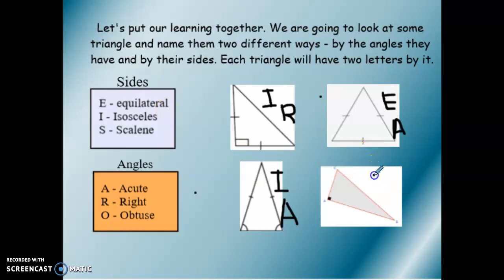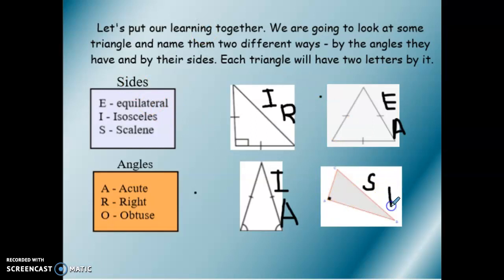It's tough to type using my mouse. There it goes. All right, so it is a scalene triangle because nothing is the same length, but I'm looking at angles now, and I'm thinking acute up here and acute down here, and this one tells me right here it is a right triangle.